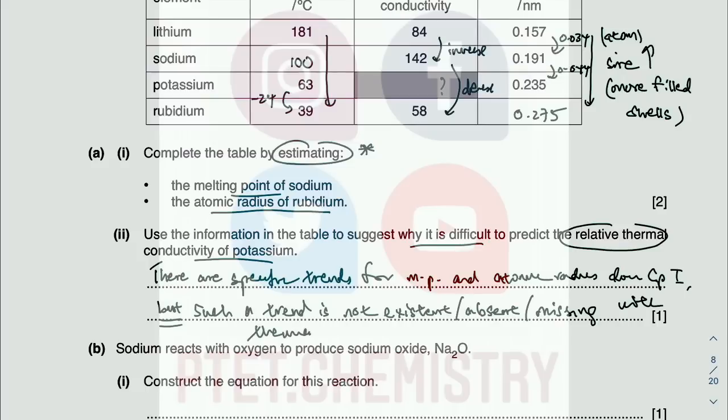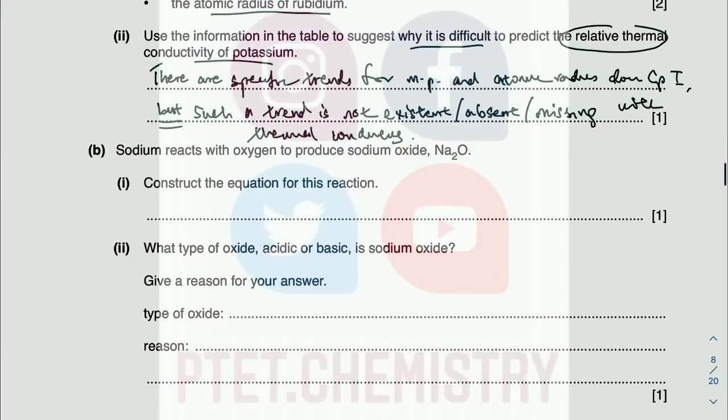So somewhere along the line you don't see the trend, or you could just specify that from lithium to sodium it increased, but then it decreased again to rubidium. It's the same thing, there's no trend. Okay, the idea is there.